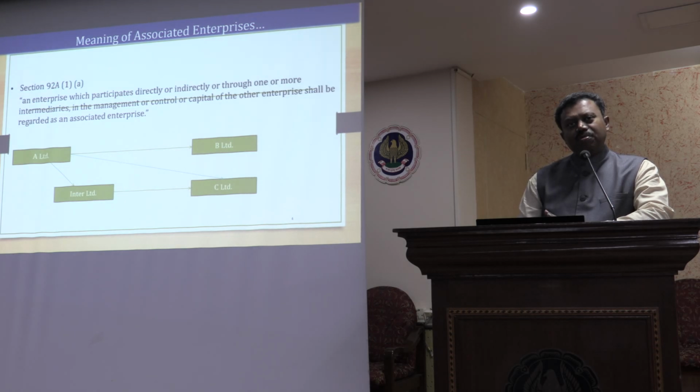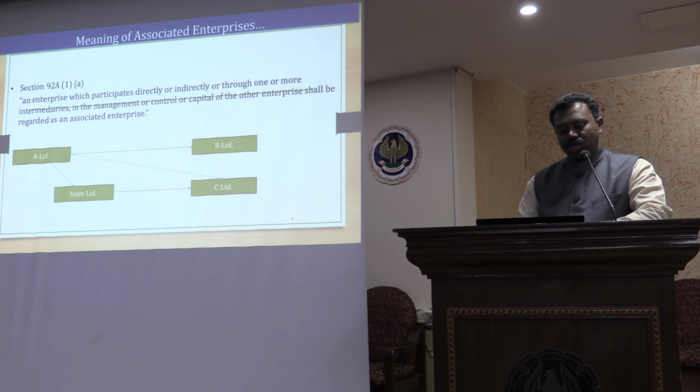This picture is only saying how the intercompany is related, either directly or indirectly, or through one or more intermediaries in the management or control or capital of another enterprise, and shall be regarded as associated enterprise. So in this case, if you see A transaction with B, A transaction with C, A transaction with Inter Limited, and Inter Limited transaction with C Limited.